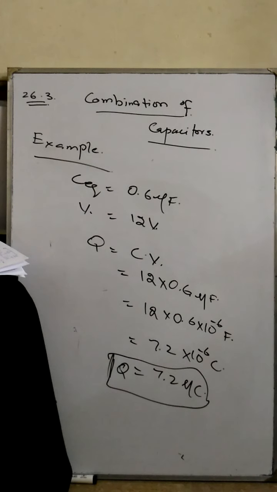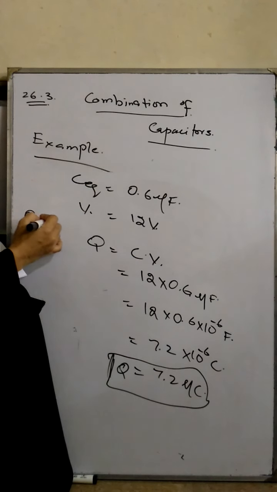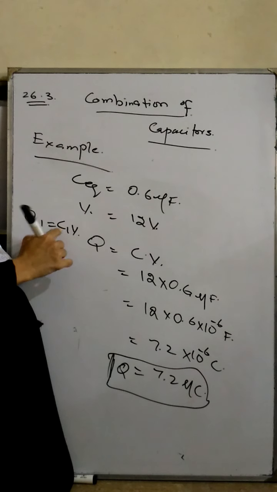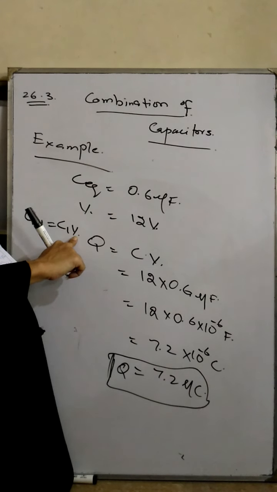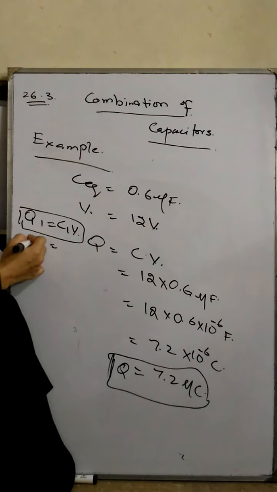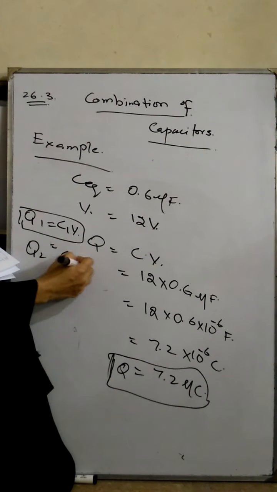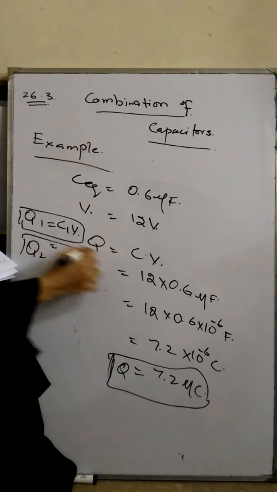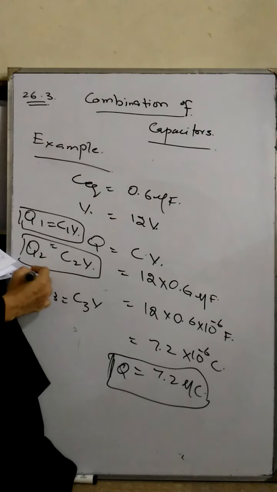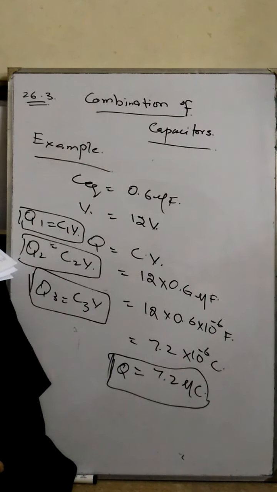Now, if you want to find the charge on each capacitor, it is very easy. You will simply have Q1 equals to C1 V. You know the value of C1, you put the value of C1 over here, you have the voltage, you will find the charge on capacitor 1. For capacitor 2, simply this formula, and for capacitor 3, you will use this formula.